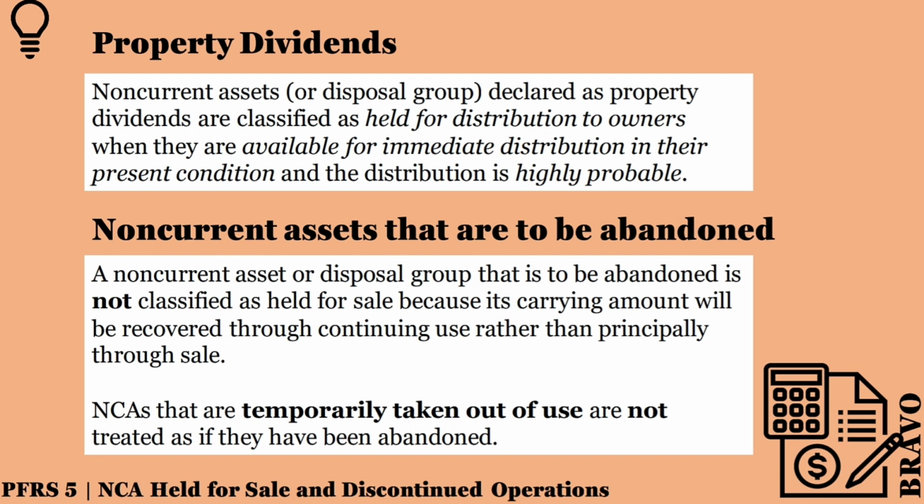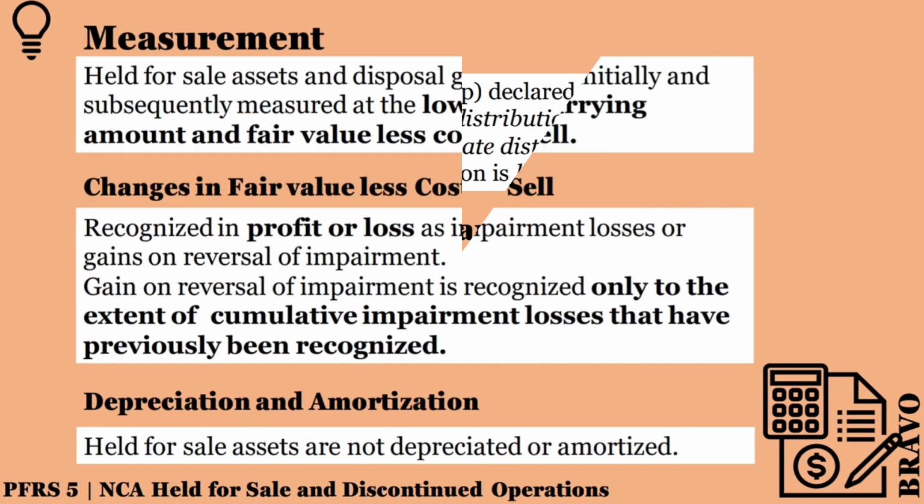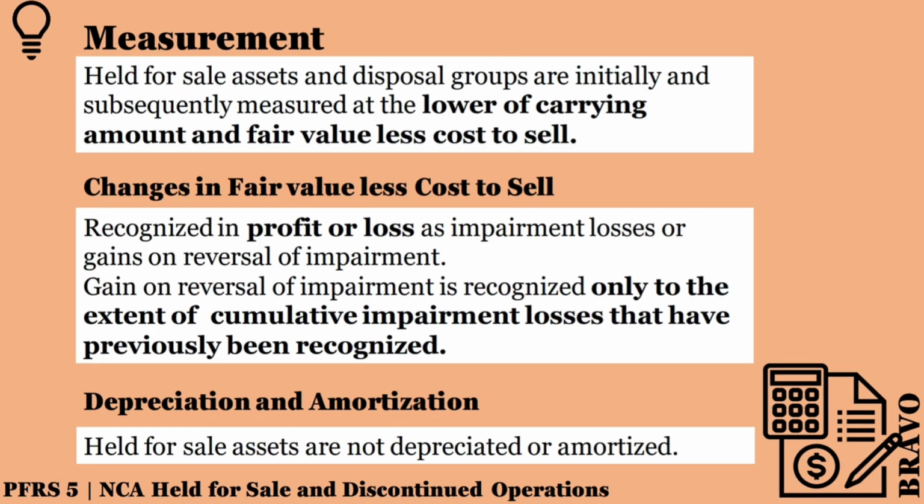As what we discussed in the second slide, it is classified as held for sale if its carrying amount will be recovered principally through a sale transaction rather than continuing use. Next, measurement. Assets or disposal group are measured initially and subsequently at the lower of carrying amount and fair value less cost to sell.